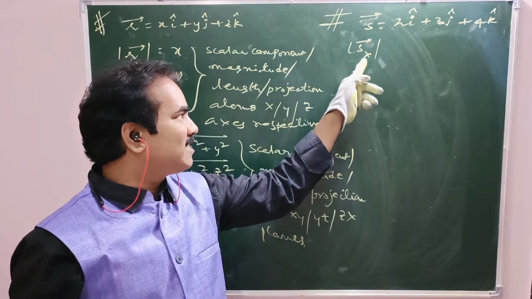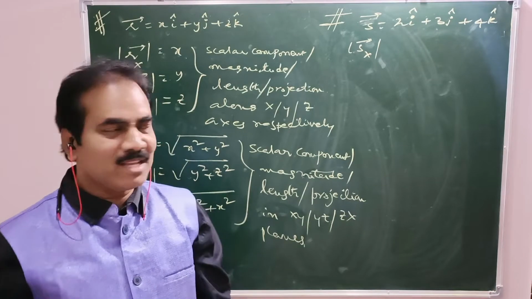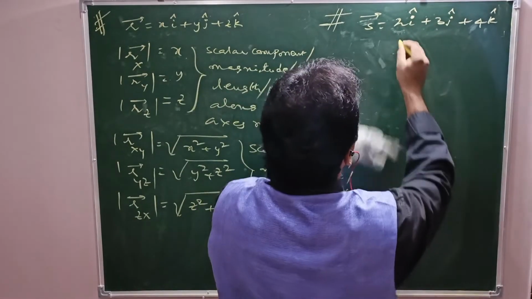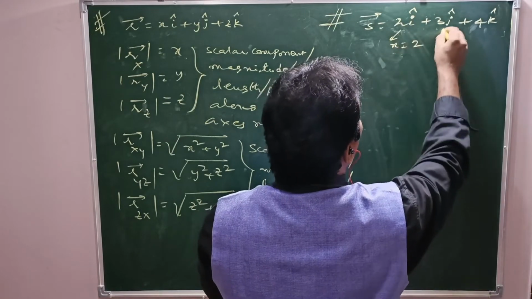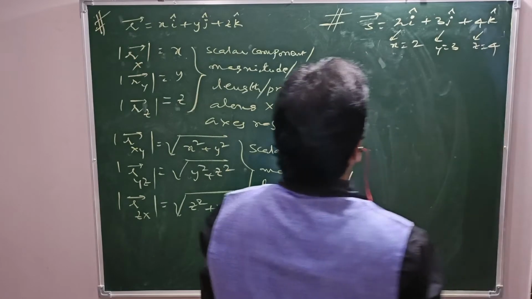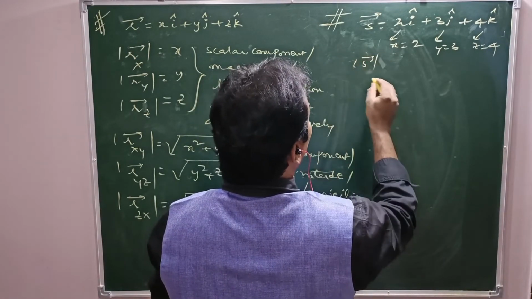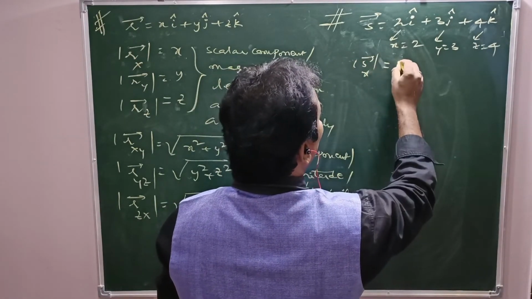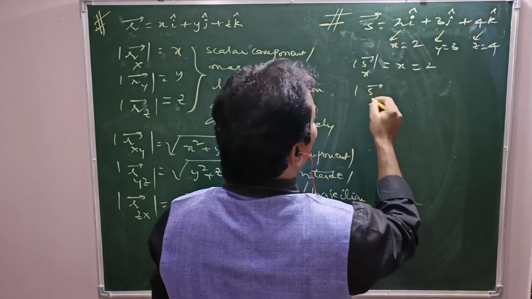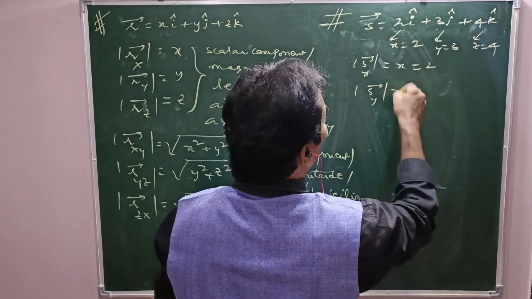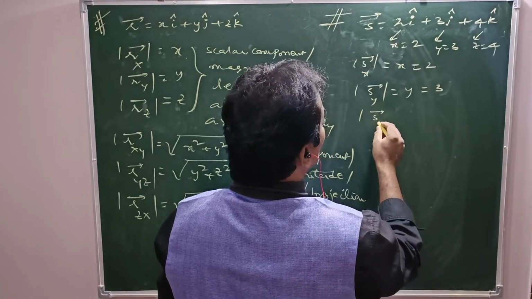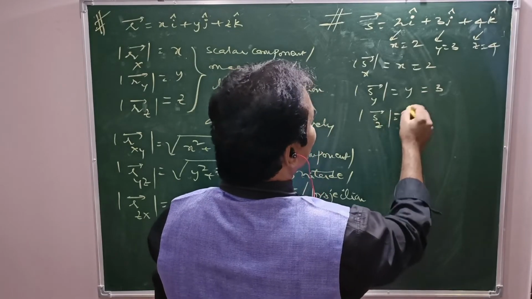So mod s bar suffix x means take the x component, that's all. So what is x? Here x equal to 2, here y equal to 3, here z equal to 4. So mod s bar suffix x means x, that is 2. Mod s bar suffix y means the y coordinate only, that is 3. Mod s bar suffix z means the z coordinate only.